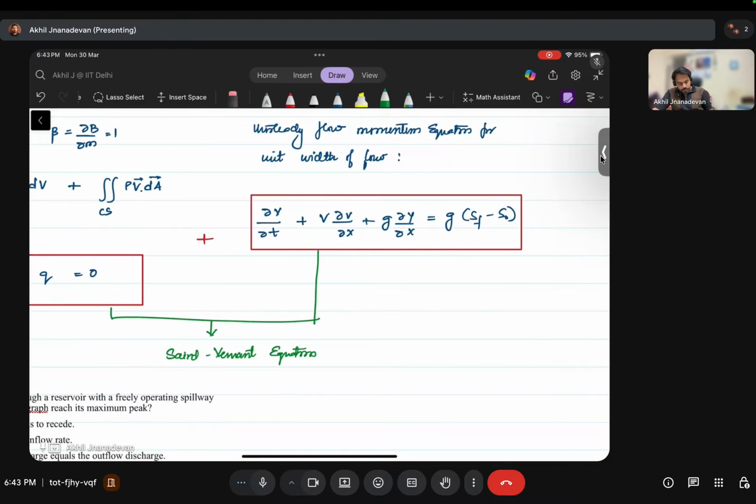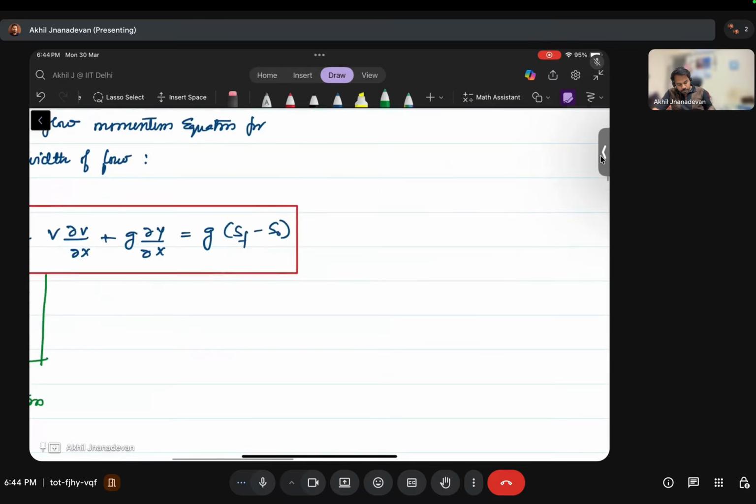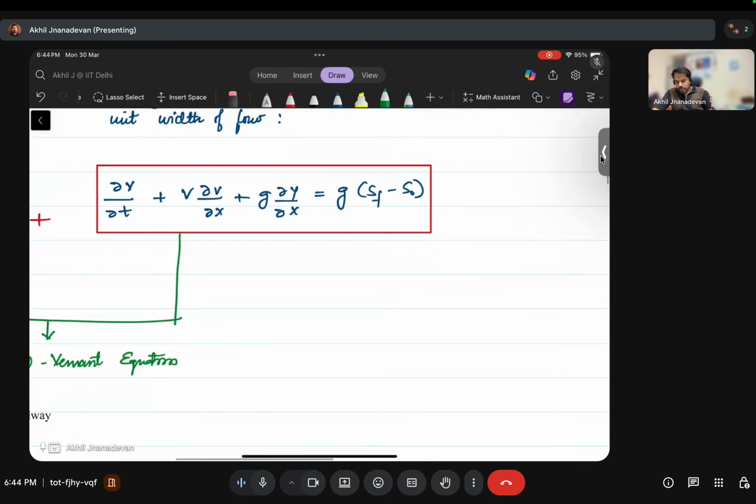If we consider the friction slope the same as the bed slope, and if we consider it as a steady uniform flow, then the equation will reduce to only this much, that is g into Sf minus S0 equal to 0, that is for steady uniform flow.